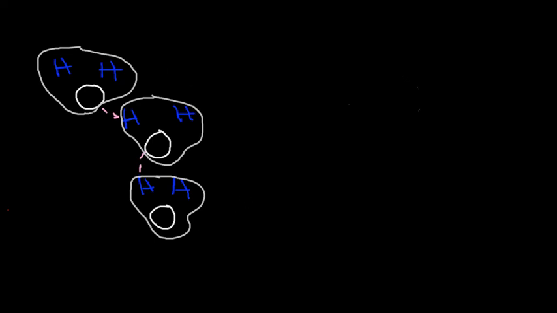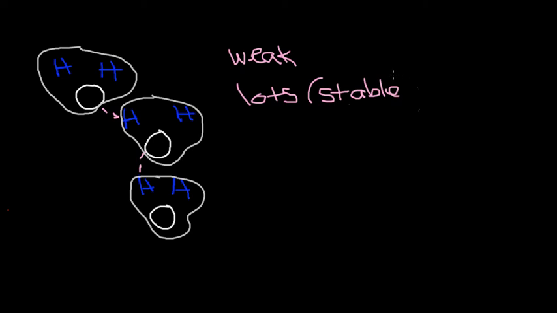So a couple of things to note about these hydrogen bonds is that they are not very strong, so they're a little weak, but there are lots of them. And so because there are so many, they become very stable. They make the water very stable and very resistant to changes.